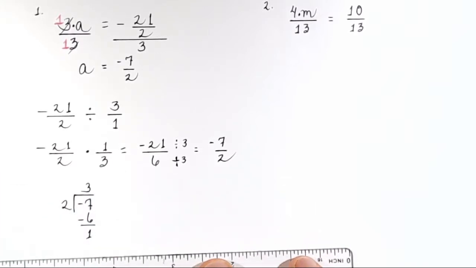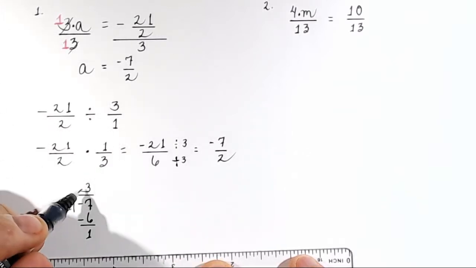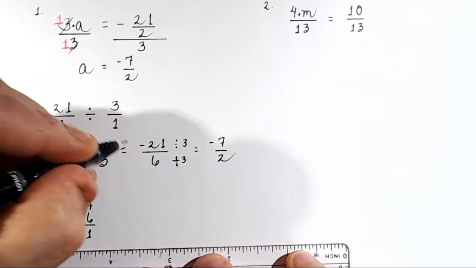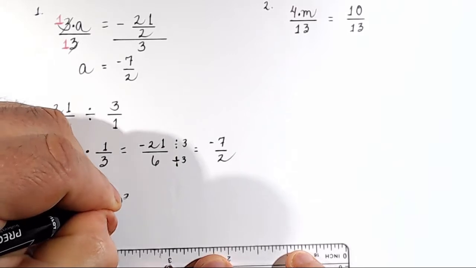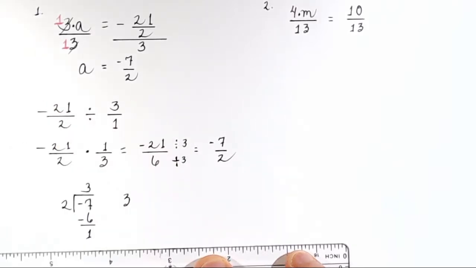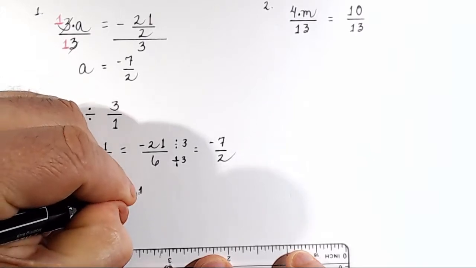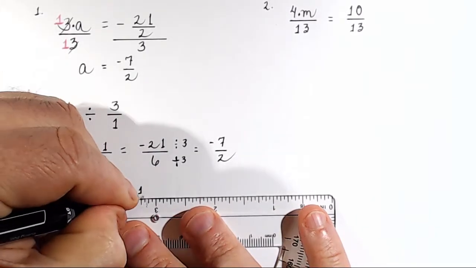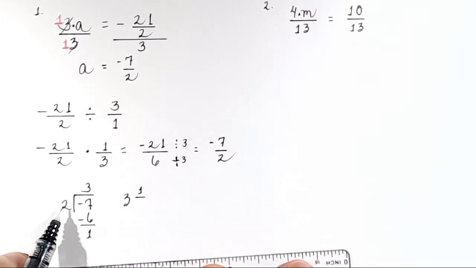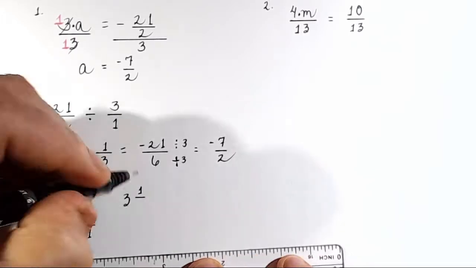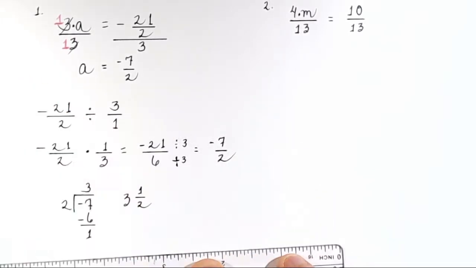So we'll stop there. Remember how we do this. The quotient, the number right here, becomes the whole number part of the mixed fraction. The remainder becomes the numerator part of the proper fraction. And the divisor 2 becomes the denominator.